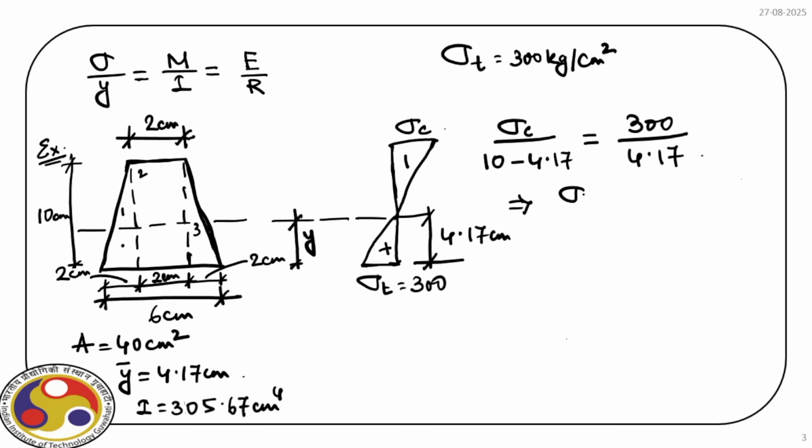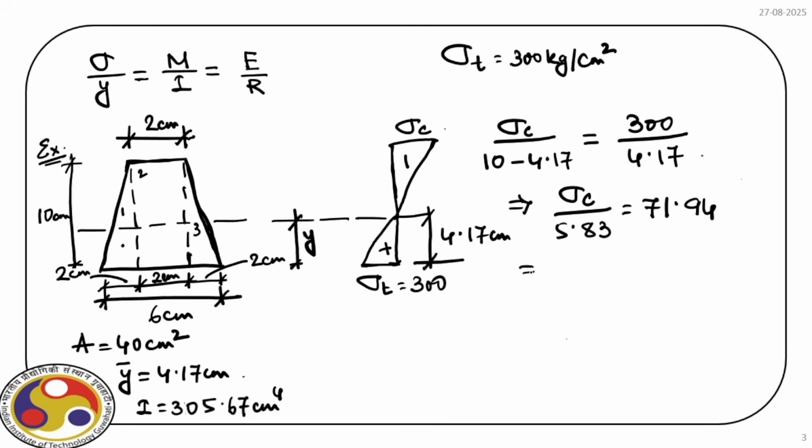So effectively we have sigma C divided by 5.83 is equal to 71.94.